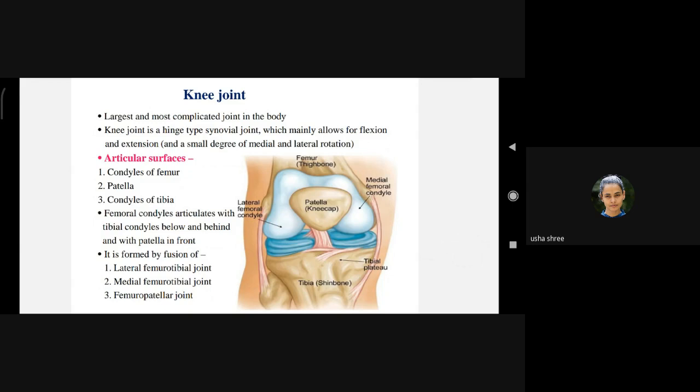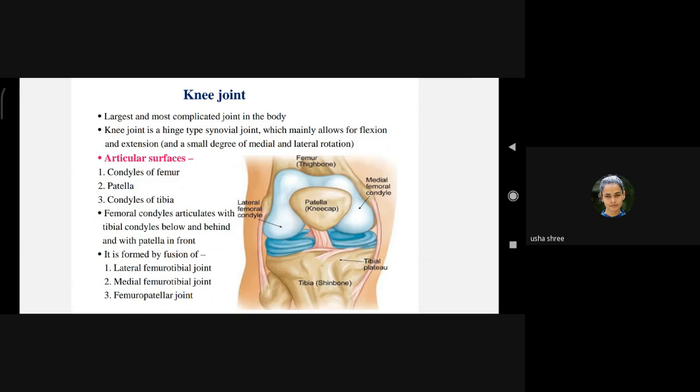You gave the metacarpophalangeal joint as an example for condyloid joints, and that is also condyloid. But what I am talking about here is only the interphalangeal joint.